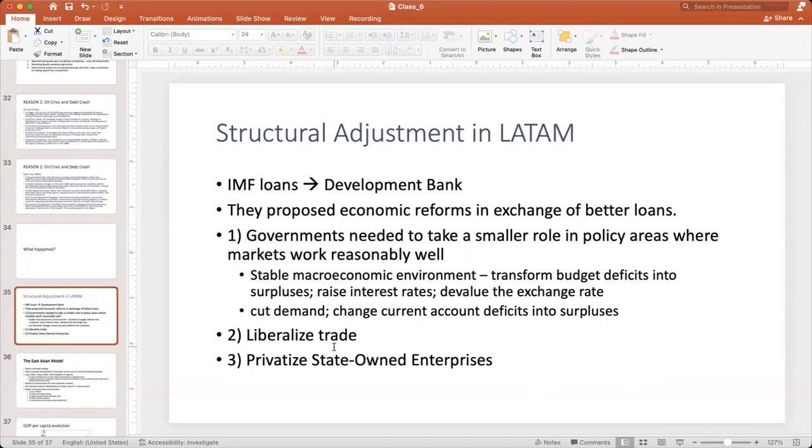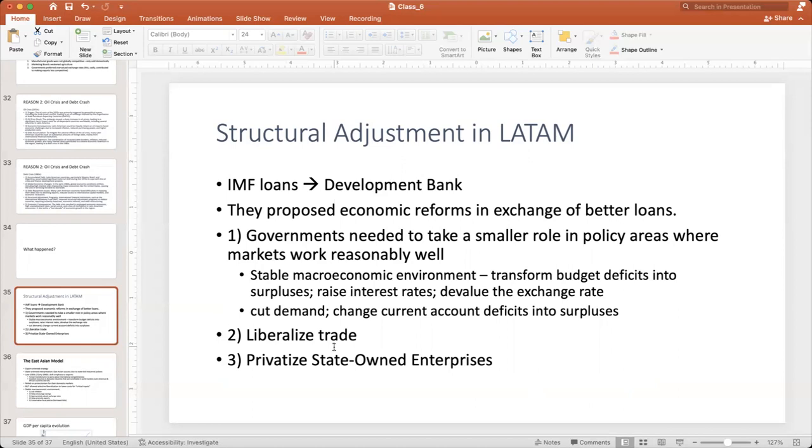And given that the developing countries in Latin America were bankrupt, well, they had to renegotiate their loans with the IMF.